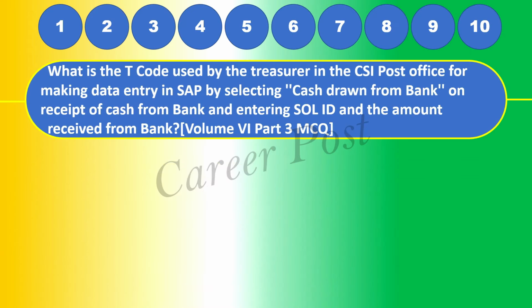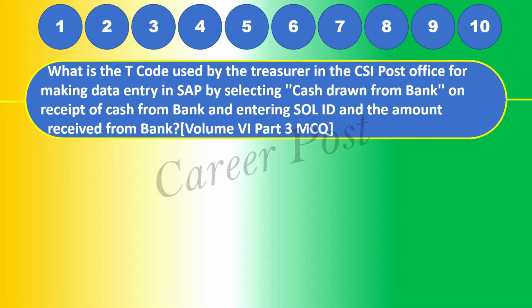Next question. What is the T code used by the treasurer in CSI post office for making data entry in SAP? You should never say SAP as a word, it is S-A-P: systems, applications and products. By the way, you can see my IT modernization project video also, where you will find these terminologies. I have made the video, you can check in the description box.